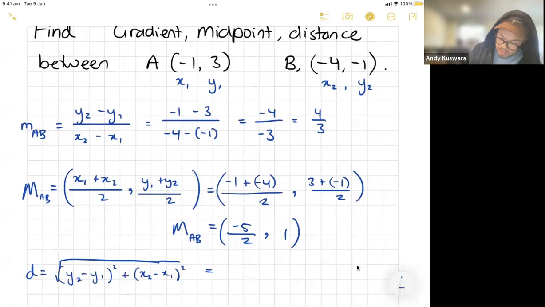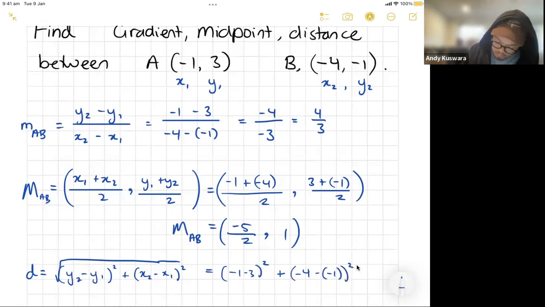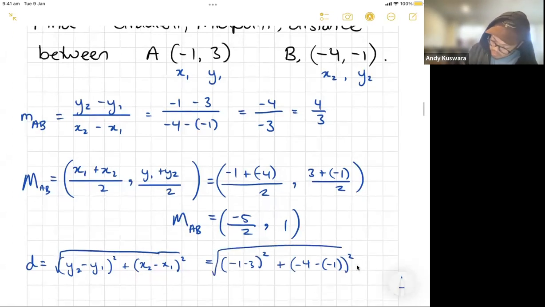So again, y2 is -1, so -1 minus 3 squared plus x2 minus x1, which is -4 minus -1 squared.